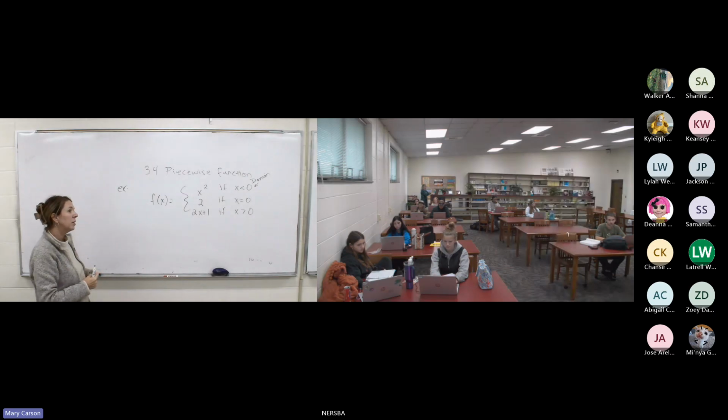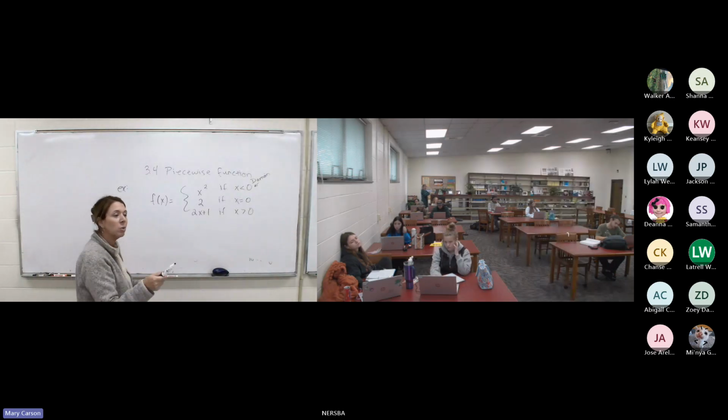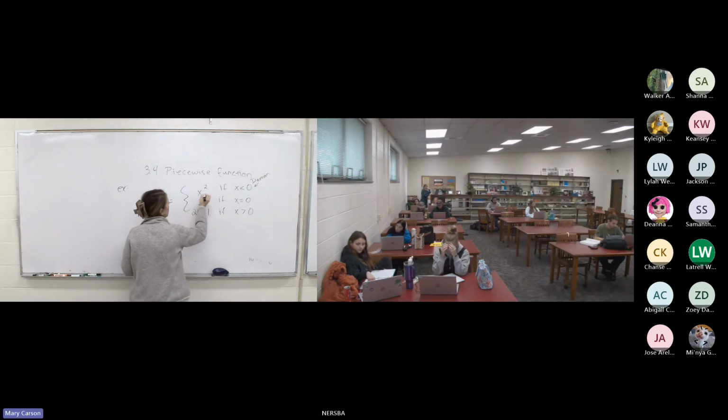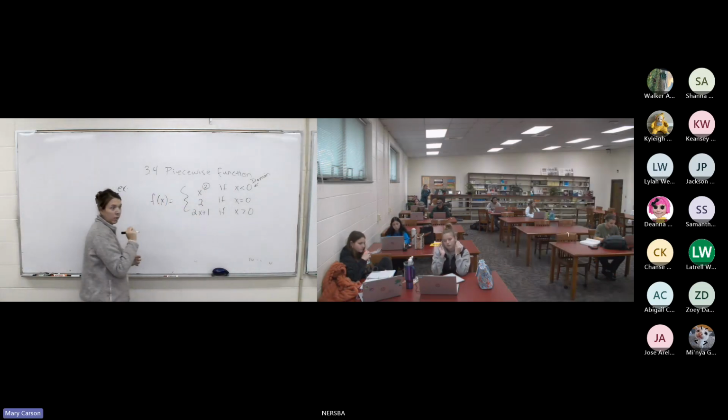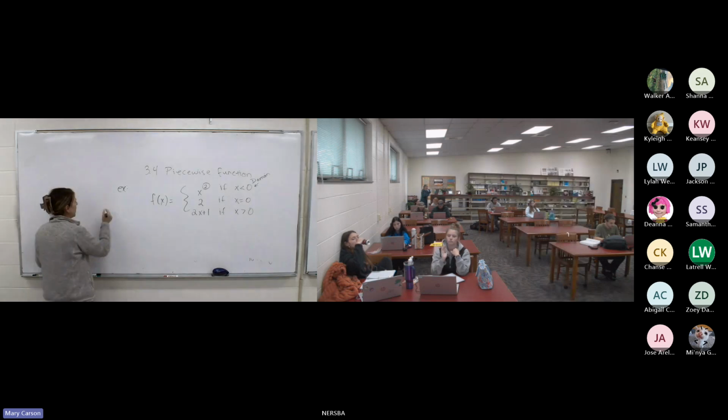Is it linear? Is it exponential? Is it quadratic? Is it cubic? Is it rational? It's not exponential. Right. Quadratic. Exponential is when it's to the power x. Quadratic is when you have a square there. So think quadratic like that, right?